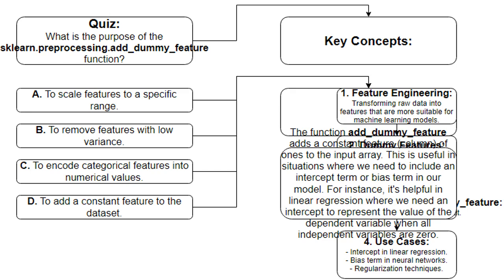In neural networks, the bias term helps the model learn a non-zero output even when all input features are zero. Some regularization techniques, like L1 and L2 regularization, penalize the model's parameters, including the bias term, to prevent overfitting.